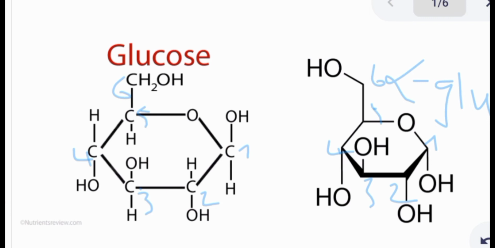Then, looking at the other structure, you can see that the OH group here at the first carbon is up. So this one now is the beta glucose. So that is it for glucose.